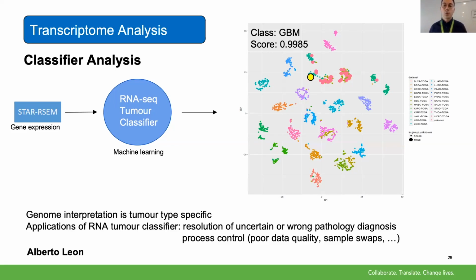This may be used for quality control to ensure that it's the cancer type that we are interested in investigating, because misclassification could potentially change our interpretation dramatically. And it's also a functional check to see if the data is well formed for our further downstream analysis.